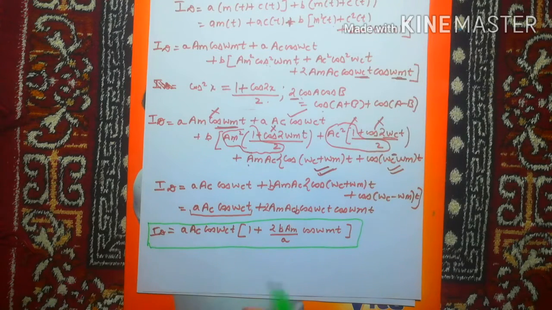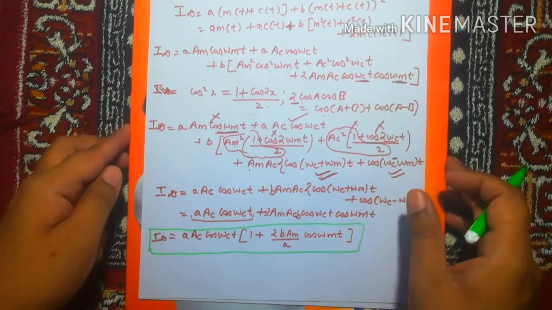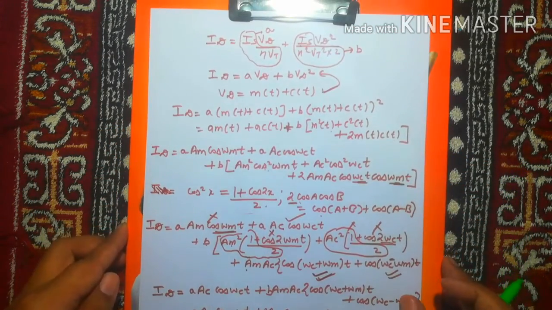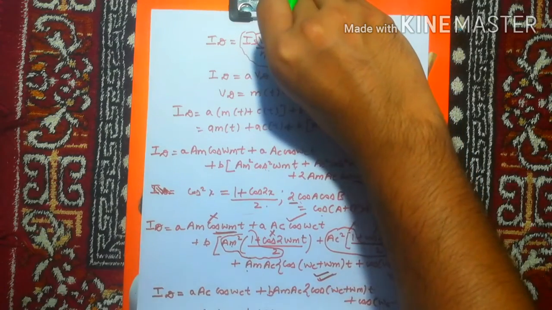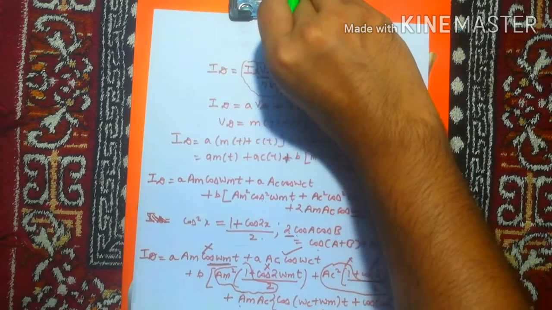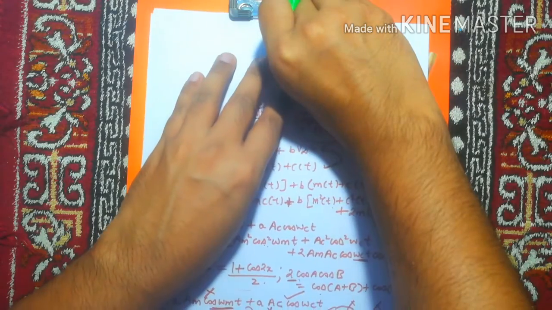Okay, so let us modify this equation also, because we have to get the standard equation of AM. Then we can say that a square modulator will develop an amplitude modulated signal with full carrier.